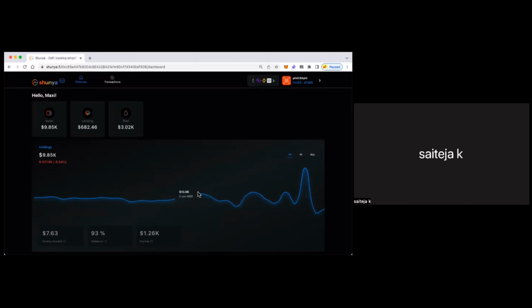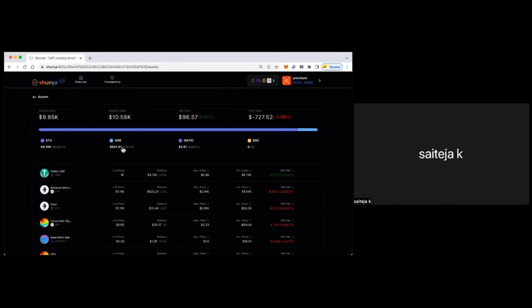If you want to get into the specifics of each individual asset in that Web3 wallet, you can click on the asset section and go deeper into your analytics. Here we show you a nice segmentation of your liquidity across chains. In Ether, I have a major allocation on the Ethereum chain, and also on Arbitrum and Matic networks.